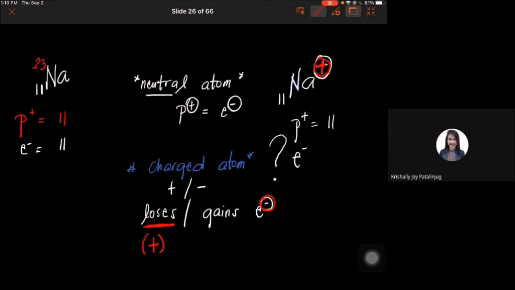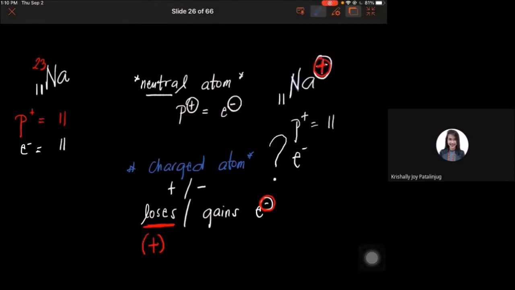Pag sinabing plus lang, meaning na plus 1. Pag plus 1, nag-lose siya ng ilang electron? Kapag plus 1 lang, nag-lose siya ng, tama, isang electron. Ang tawag po natin sa ion na yan is cation.